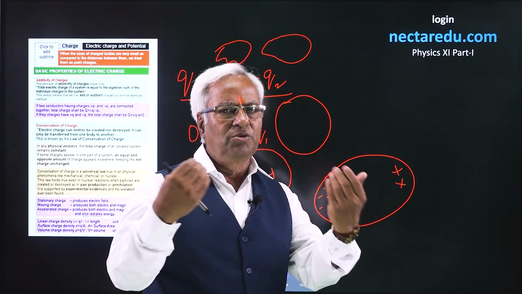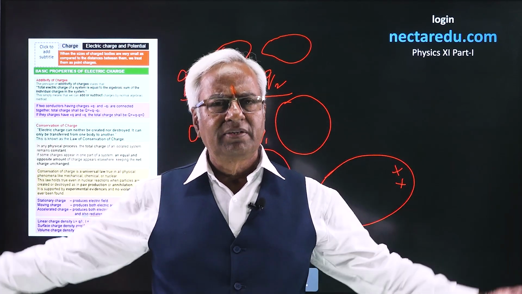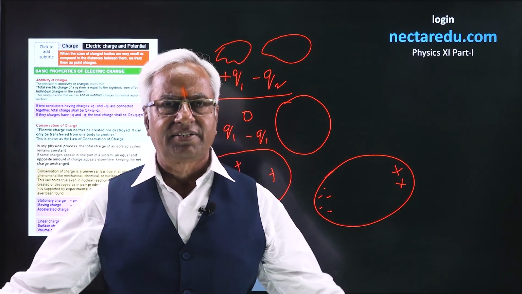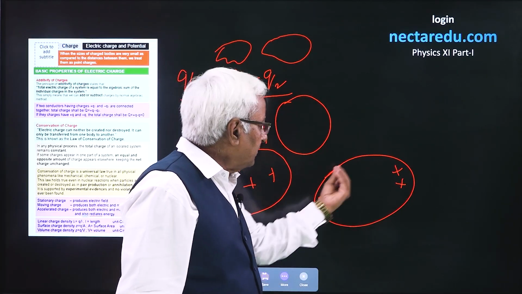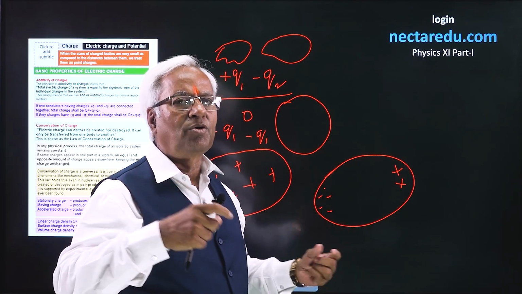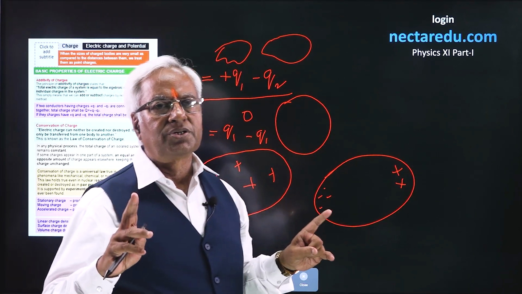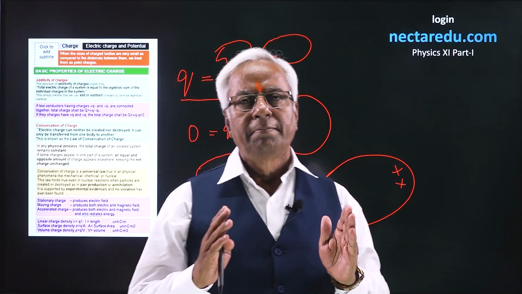And this migration might happen because of the presence of some surrounding big charged conductor. But what I mean to emphasize here is that within this conductor, the total amount of charge is not going to be disturbed. This is exactly what this principle means.